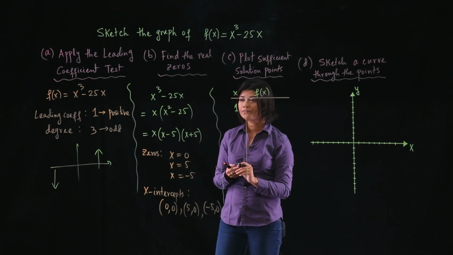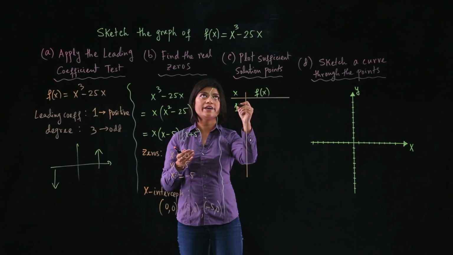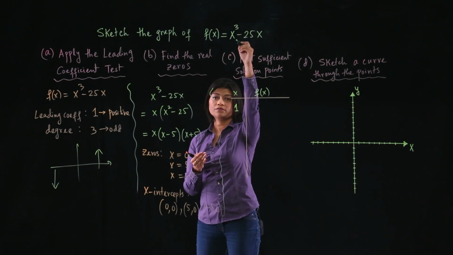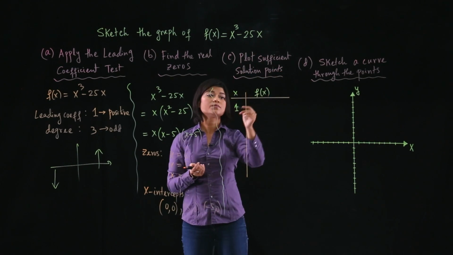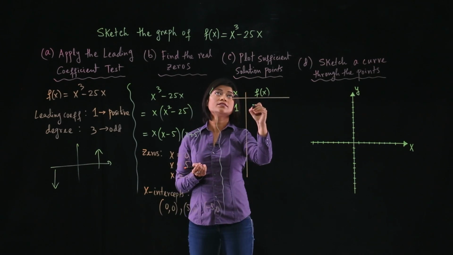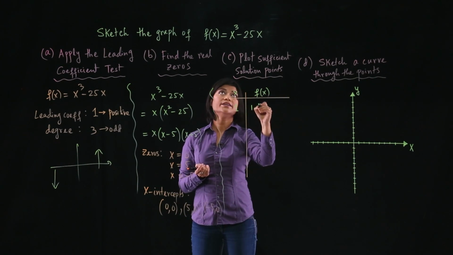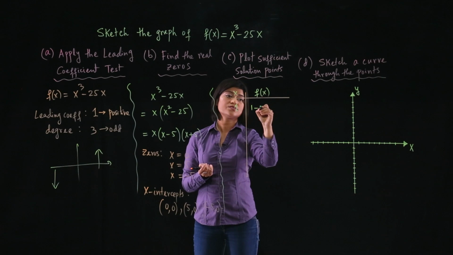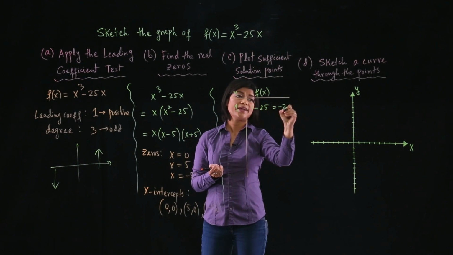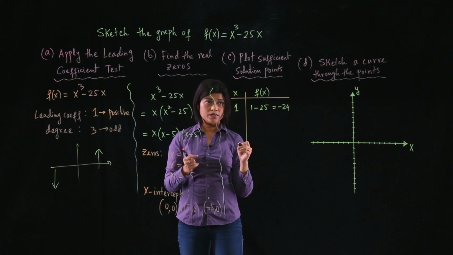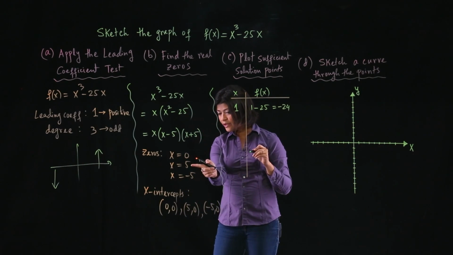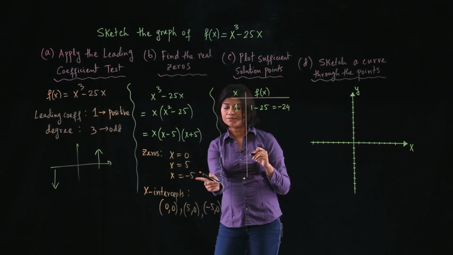Okay, let's see what is happening. Well, you just take the x value, plug it in the function, and then see what the y value is. So if we plug it in the function, we get 1 cubed minus 25 times 1, so that's 25. So we get negative 24. Let's do the same thing between 0 and negative 5.